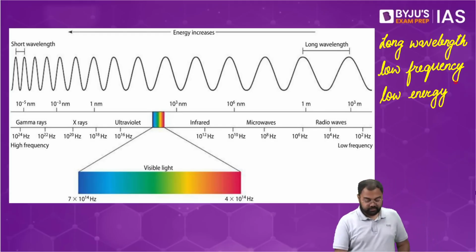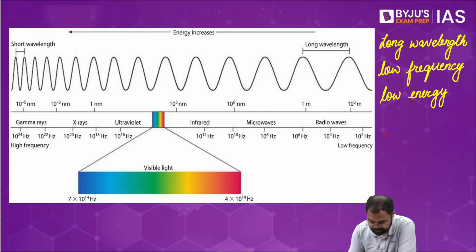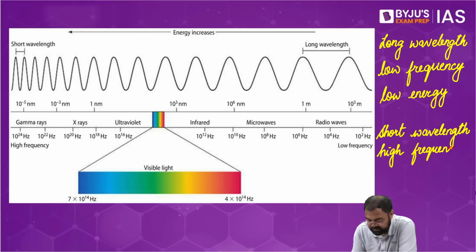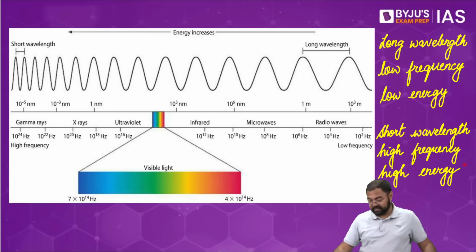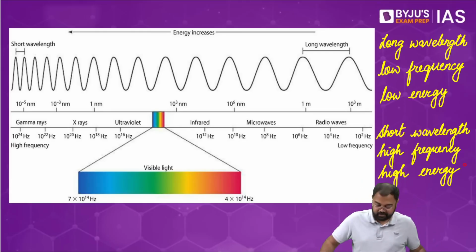And then obviously, the opposite is also true, that if you have short wavelength, then you have high frequency, and you have high energy. So frequency and energy are directly proportional, and it is inversely proportional to the wavelength.